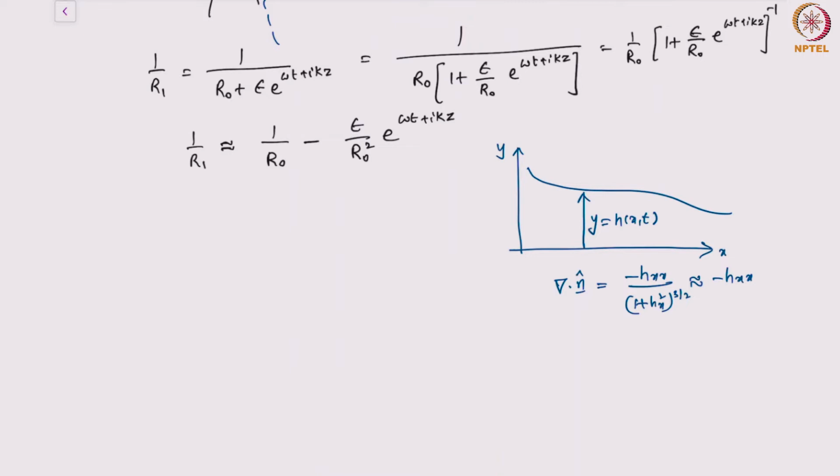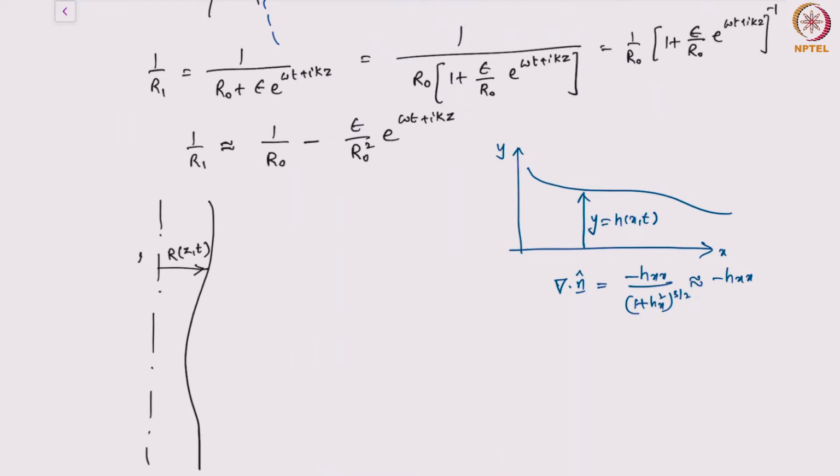In the same fashion, now you have this interface which is undulating, and at any point the equation is r equals capital R of z comma t.